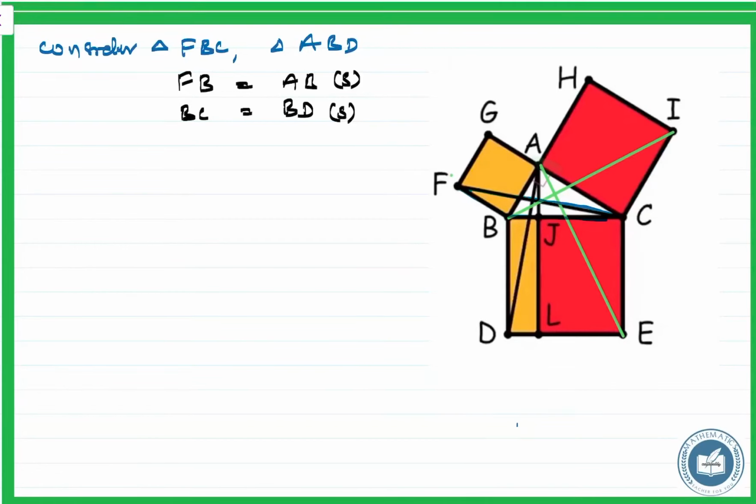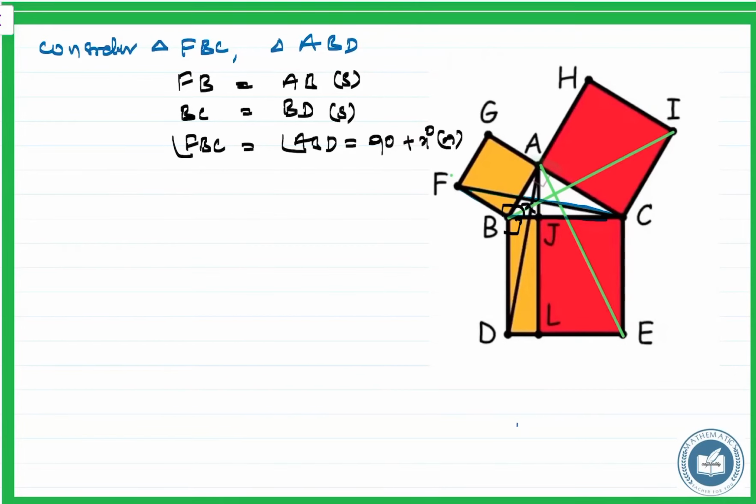Then angle FBC is equal to angle ABD, which is 90 plus x degrees. Here you see this one is 90, this one is 90, and angle at B is x degrees, so the whole angle becomes 90 plus x. So according to the SAS axiom, these two triangles are congruent.